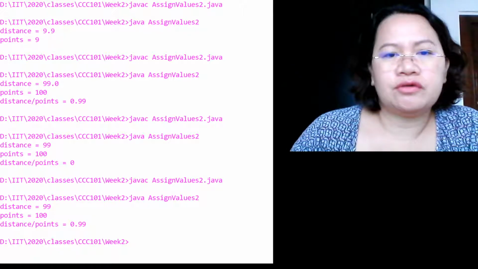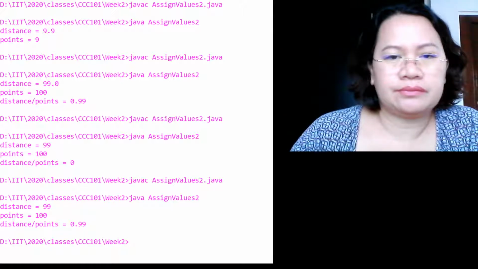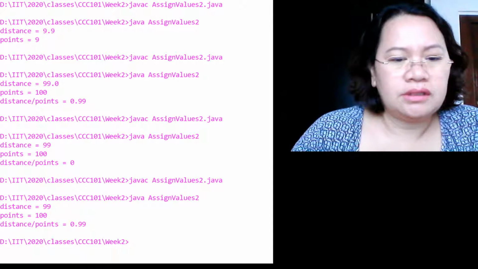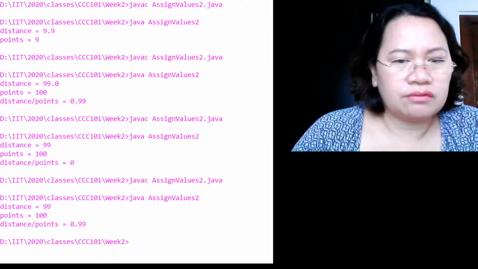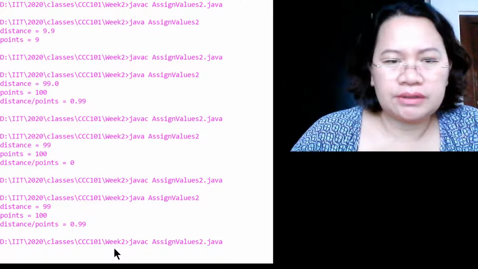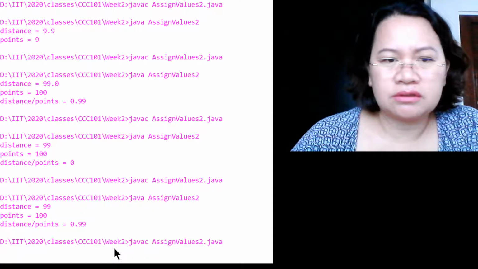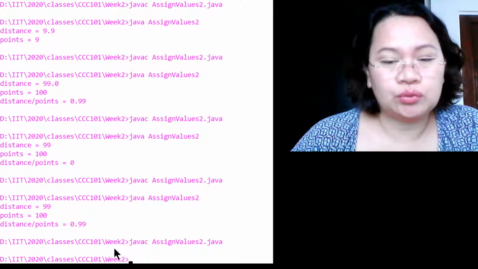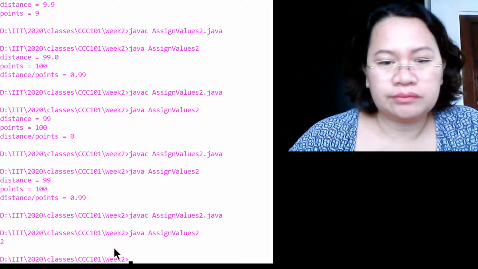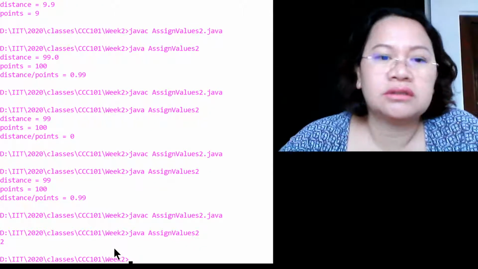Let's not declare any more variables. Save it, and then let's go to the command prompt. Let's see what happens if you have that. Of course, I expect the result to be just 2. Okay, there you have the value is 2.